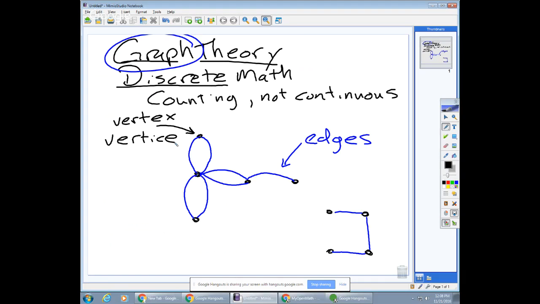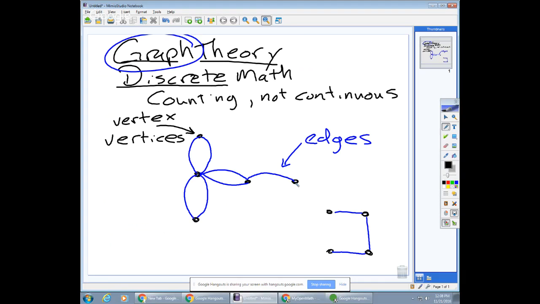So the first graph I drew has 1, 2, 3, 4, 5 vertices. And 1, 2, 3, 4, 5, 6, 7 edges.